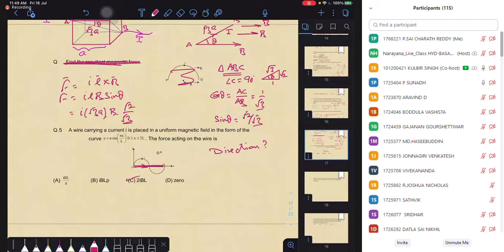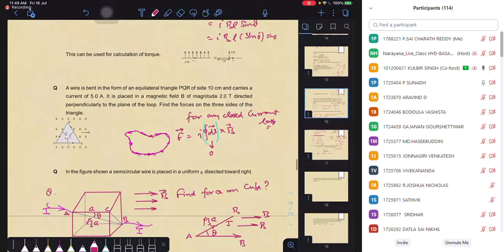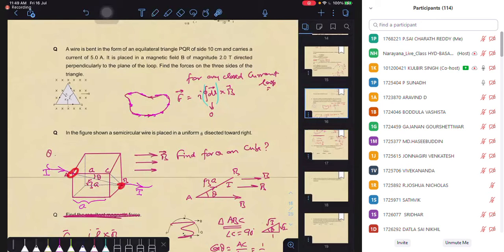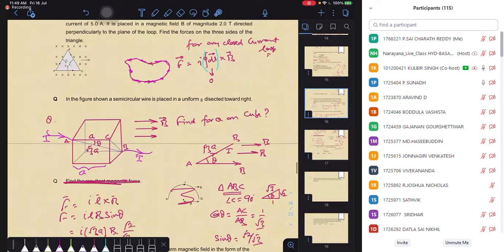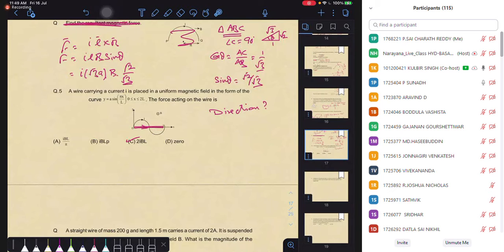Even in the integration, it is going to be opposite, but we have replaced it with the ends only. So you can replace the whole structure with the ends.